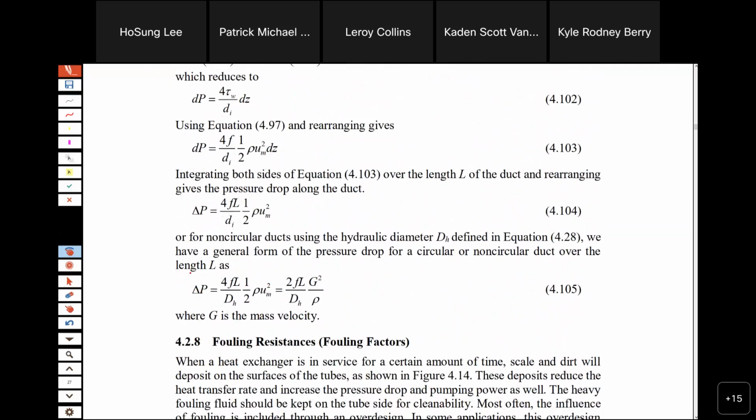So pressure drop, it turns out you can use the friction factor, length, hydraulic diameter, density, mean velocity. Or do you remember what the G is? What is the G? Anyone?